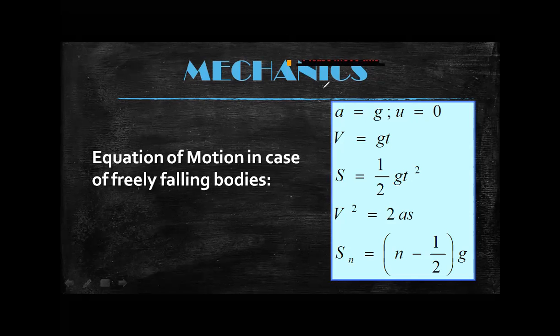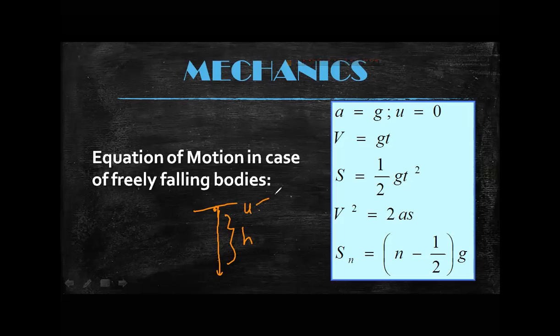freely falling bodies. What is a freely falling body? Suppose I release an object from a certain height, so its initial velocity is zero. In any freely falling body case, the acceleration of the object must be equal to acceleration due to gravity.